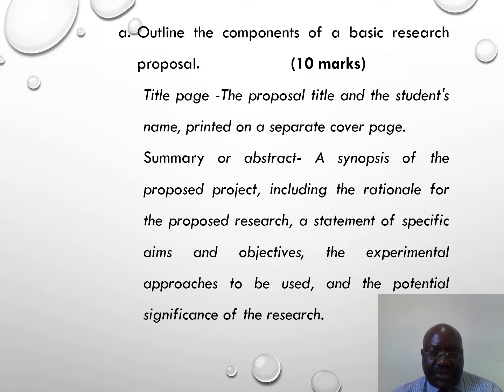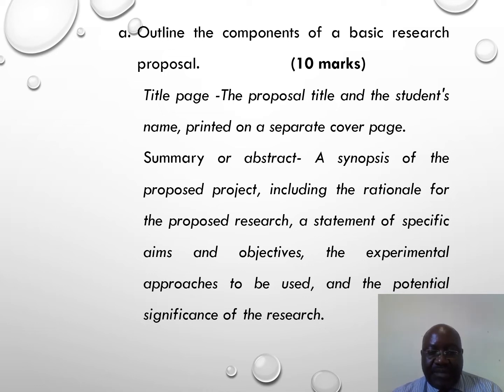Another question: outline the components of a basic research proposal. We must have a title, and if it is a proposal, we must have a title page. The proposal title and the student's name are printed on a separate cover page.